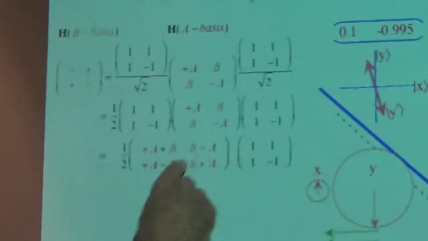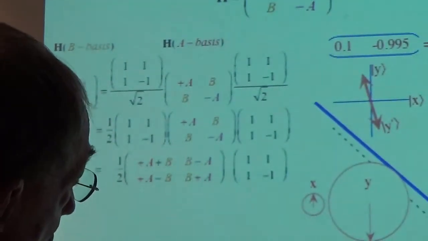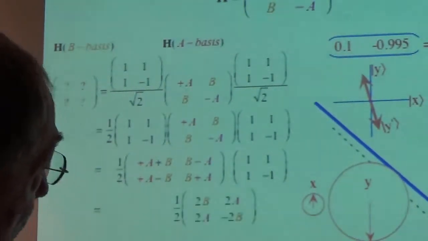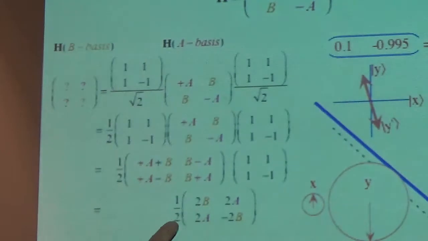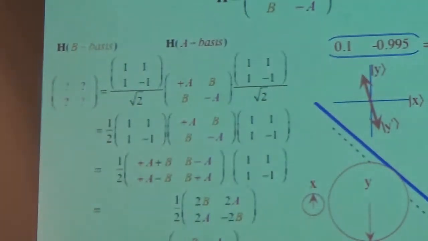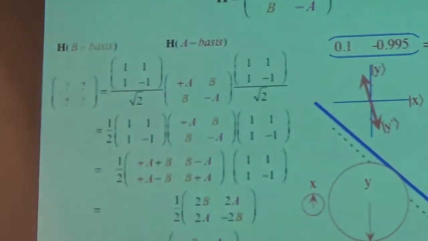Either way, these are associative. That's one of the rules of group theory, that you can associate those matrix operators, and you end up with this, which I think is really cool. Let's finish it. Get that 1/2 and the 2 out of there.